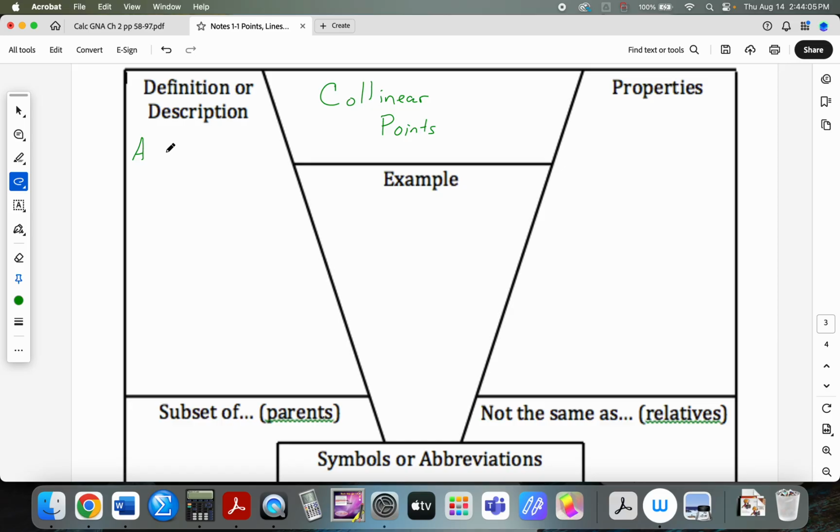So here's the definition. A group of points is collinear if all of the points are on the same line.